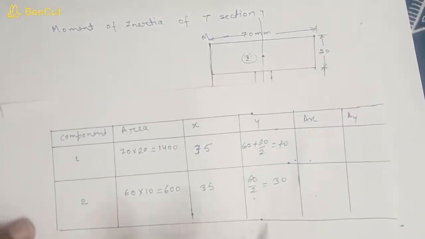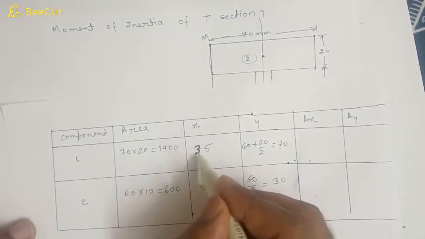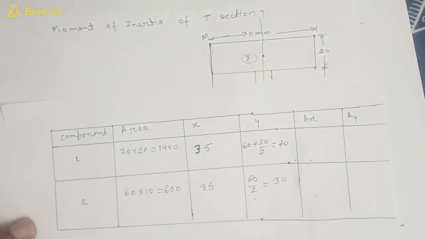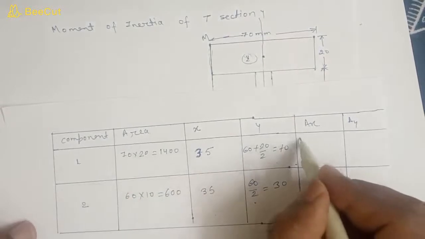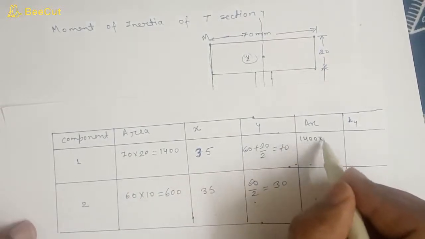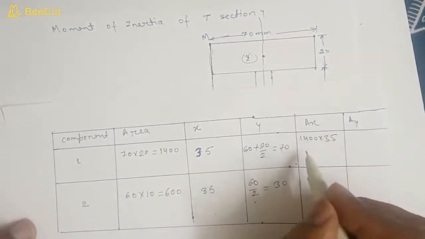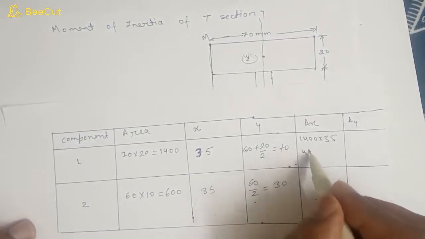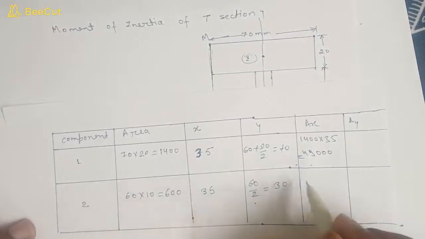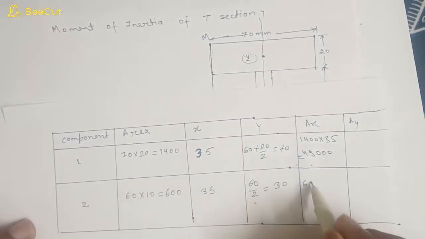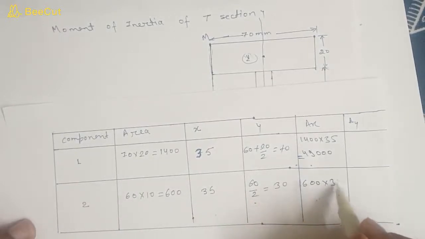Now AX. If we do AX, then the area is 1400 and the x coordinate is 35. Then we get AX equal to 49,000. And AX for component number 2 is 600 into 35.